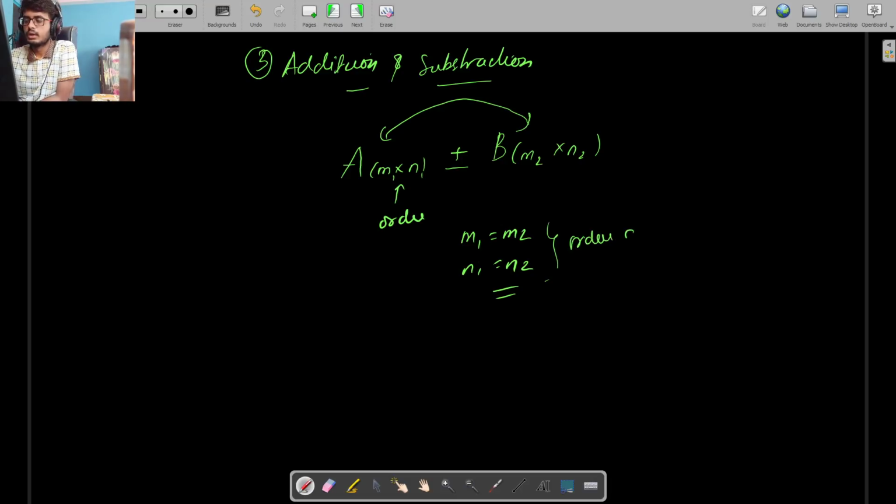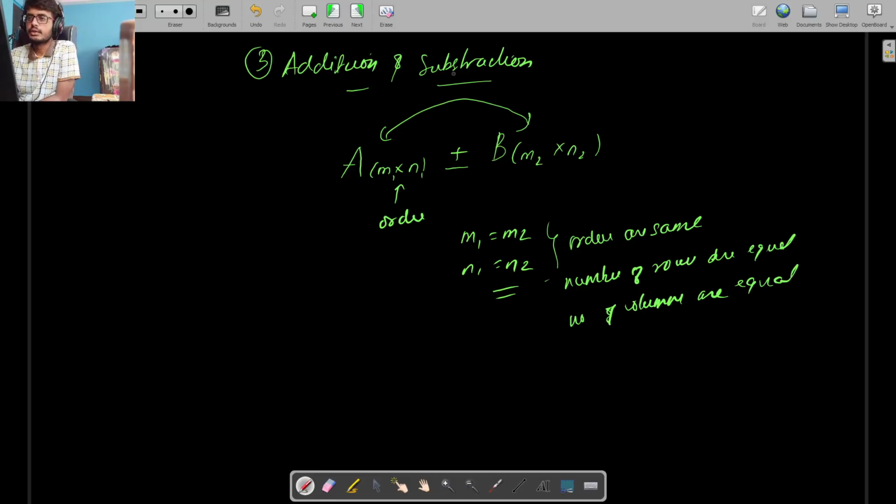Orders are same, which basically means number of rows are equal, and number of columns are equal.